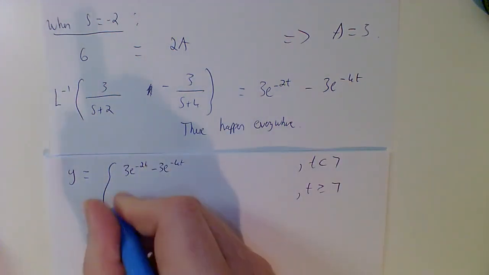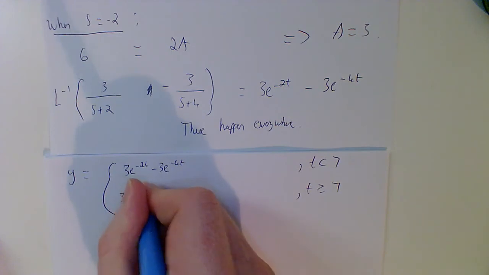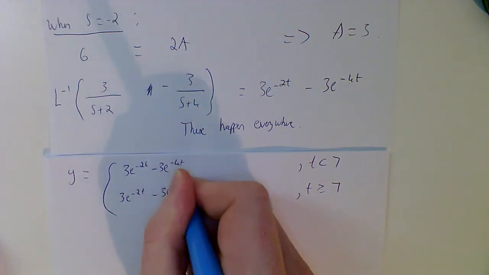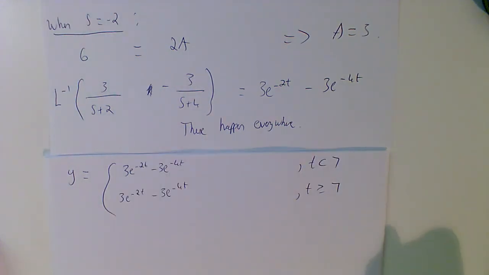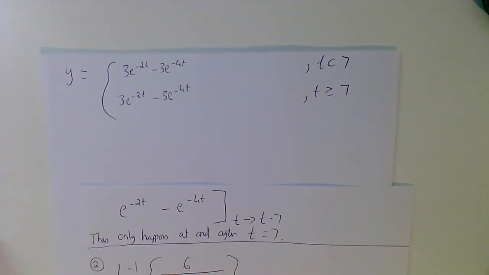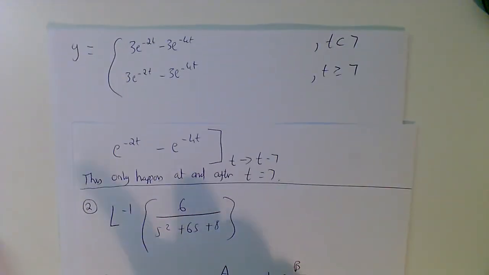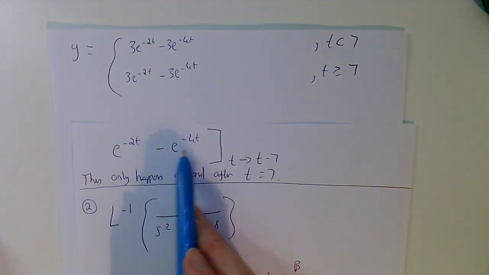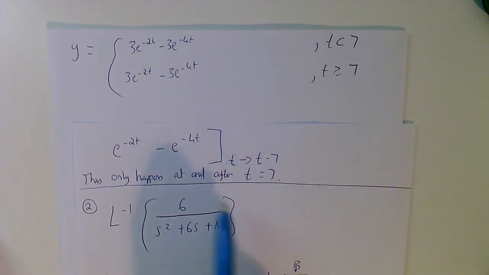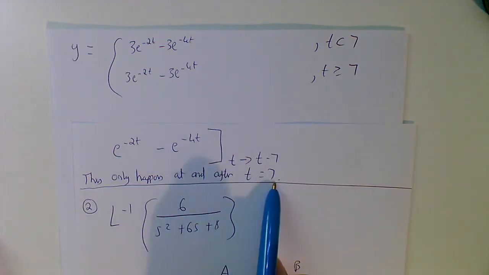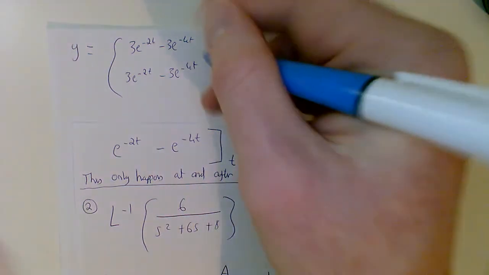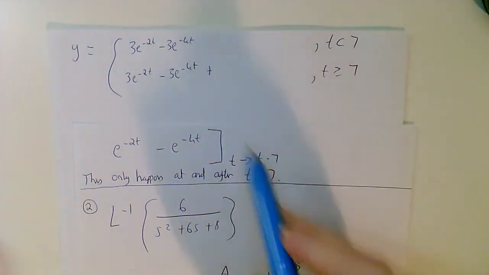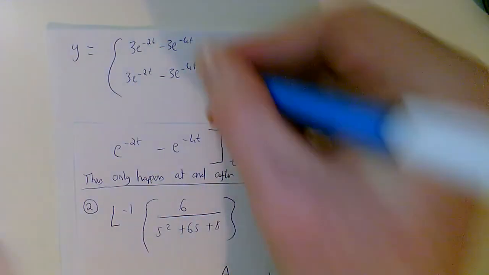That happens everywhere. But I've also got this function which I worked out in part 1: e to the power of negative 2t, take away e to the power of negative 4t, and that happens at and after t equals 7, so that's plus, and remember, you swap t for t take away 7.